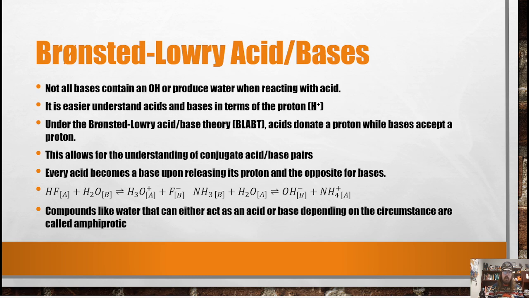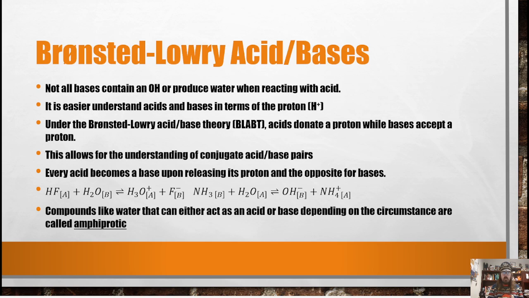The easier and better definition would be one that no longer includes hydroxide. So we'll move on to a different definition right away, which is called the Bronsted-Lowry acid-base definition, named after 2 scientists who got to put their name to it.